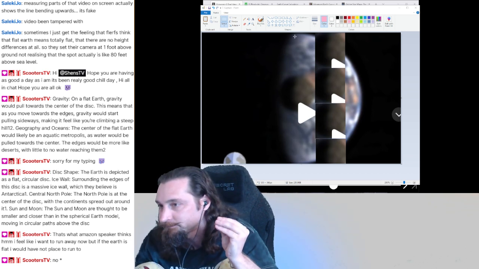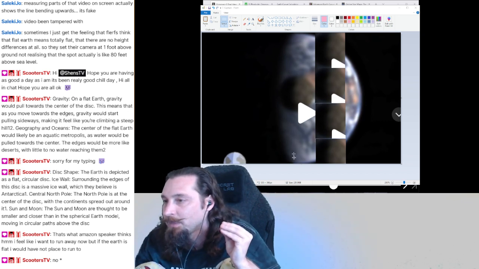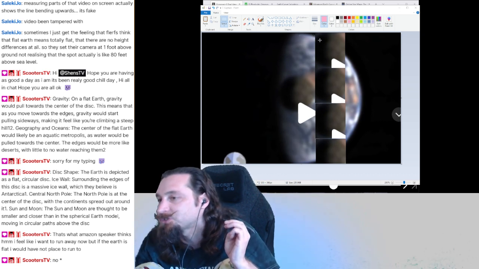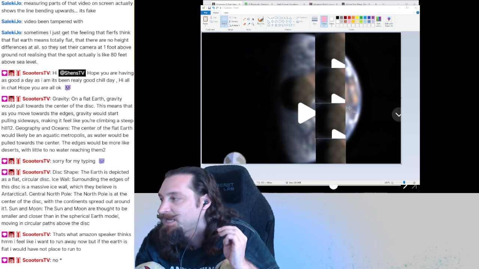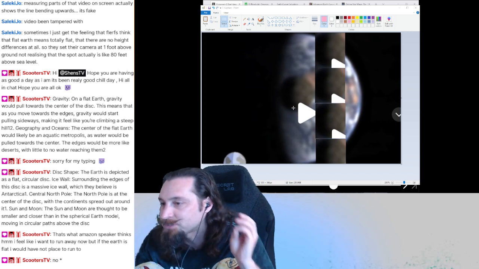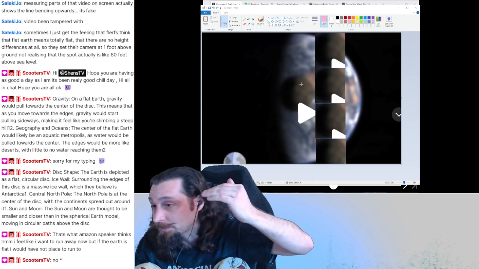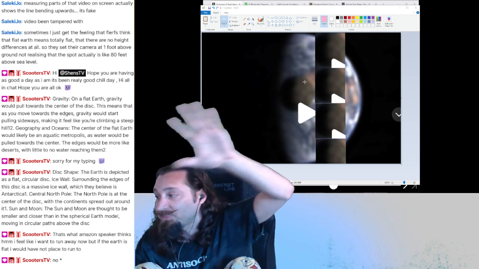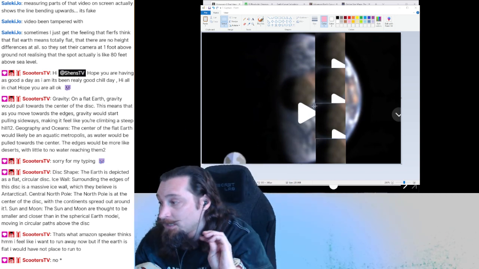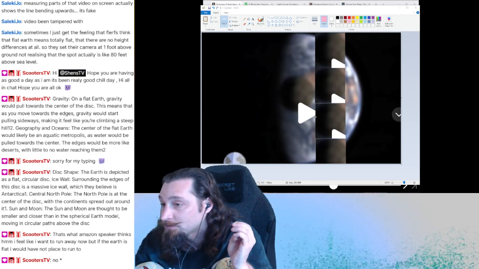You are arguing that something that is 27% in diameter and 27% in circumference should also be 27% in area. That is not how dimensions work. How dimensions work is they go up exponentially. So when you want to calculate the surface area, the amount of the Earth you are looking at, you have to do pi r squared.